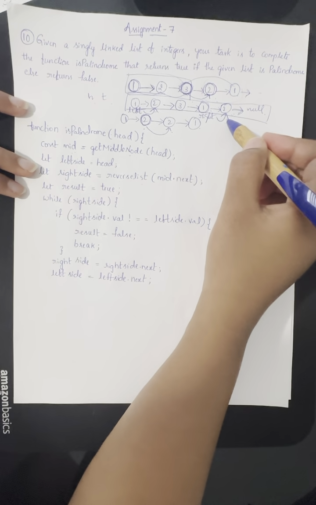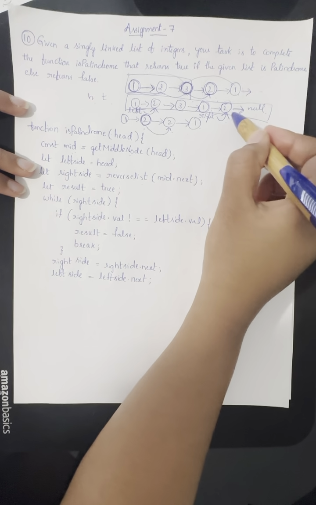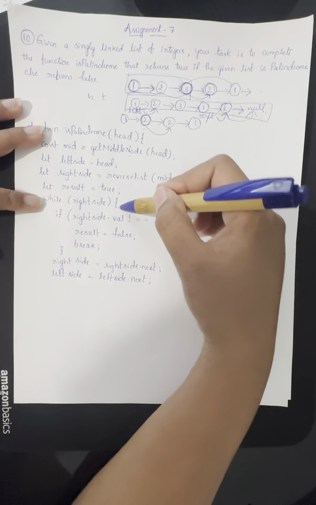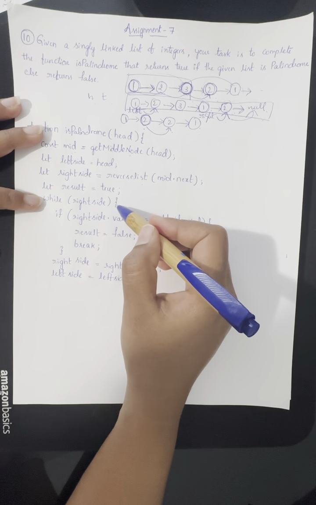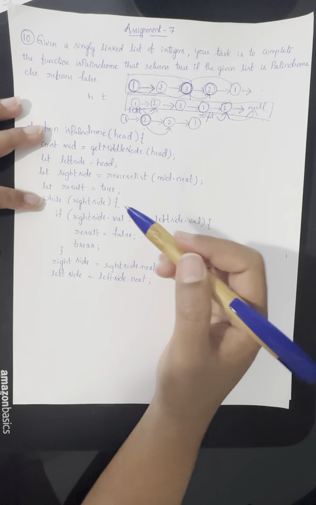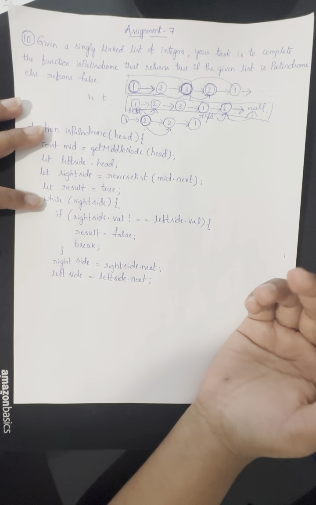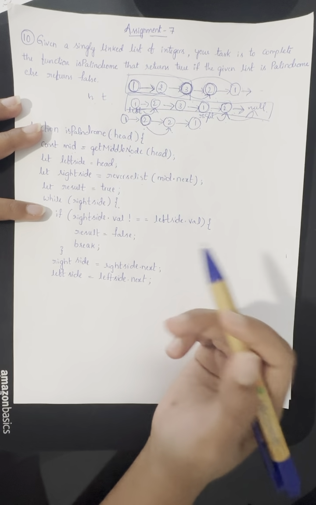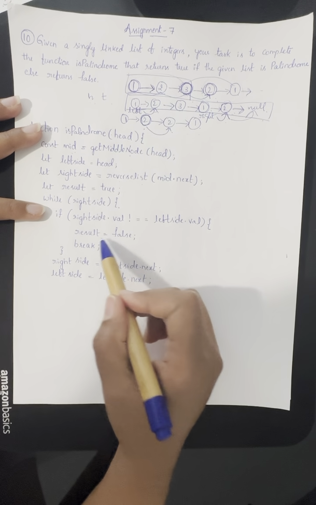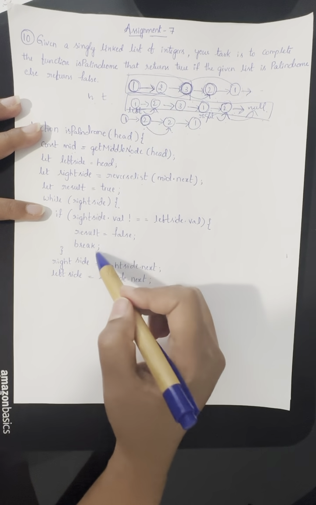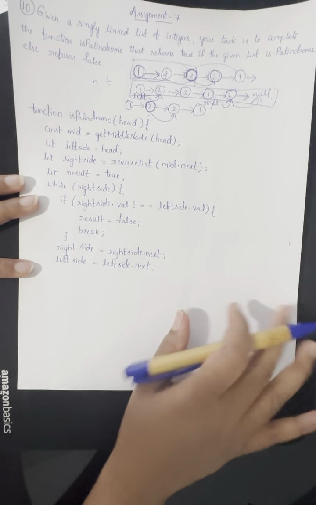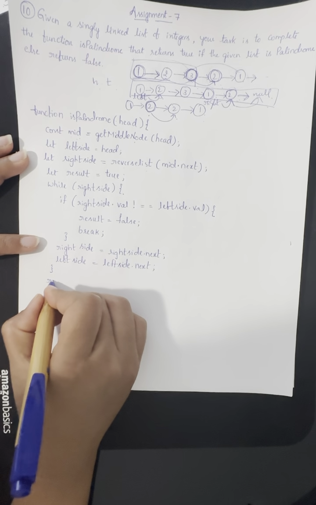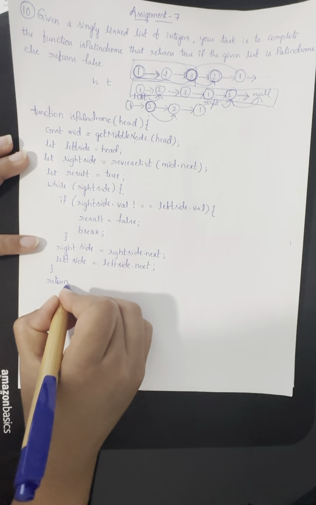This process is continued until the right side reaches the null. Once it reaches the null, the while loop stops there, and that means it is a palindrome. If not, because in the middle, if any two nodes are not equal, we'll make the result equal to false and we'll break the while loop. So the while loop stops here, and we just need to return the result.